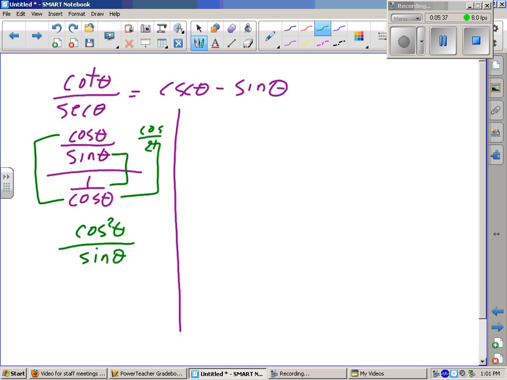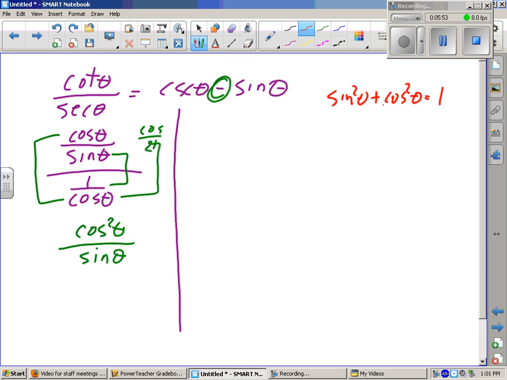Okay, so now simplifying a little bit more, notice I have a minus sign over here. There's no minus on the left side, but remember our Pythagorean identity, sine squared plus cosine squared equals 1.